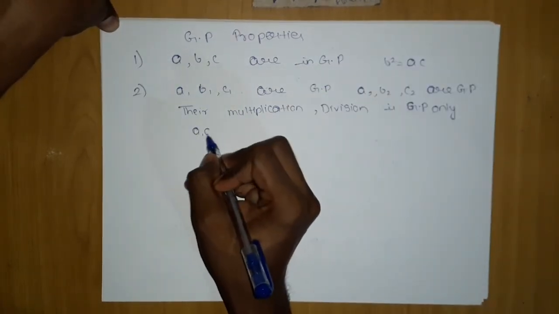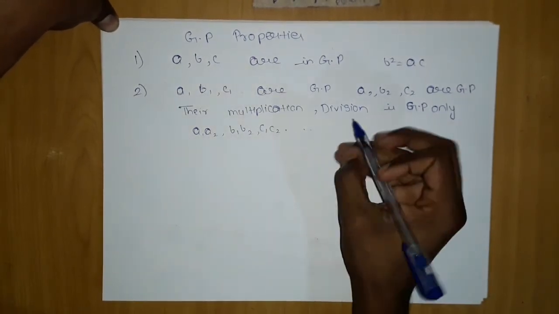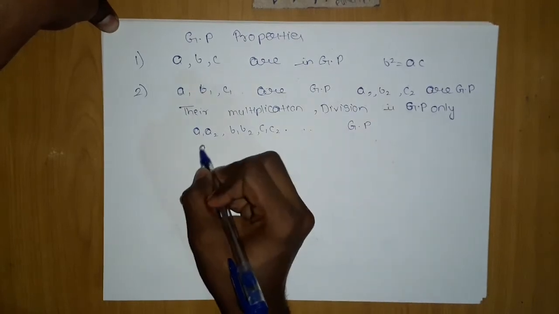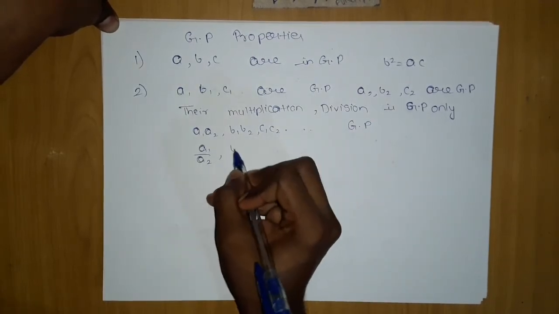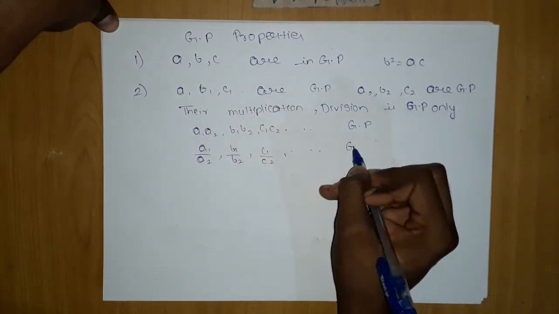I mean this: A1 into A2, B1 into B2, C1 into C2 and so on will also be GP. Similarly, A1 upon A2, B1 upon B2, C1 upon C2 will always be GP.